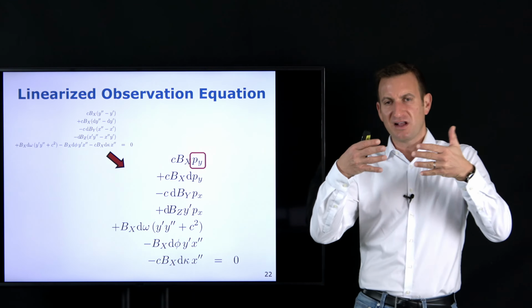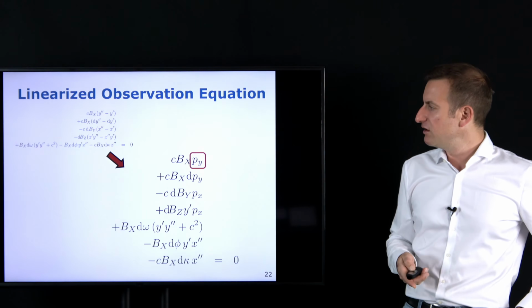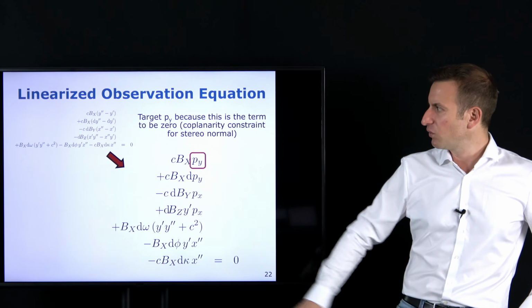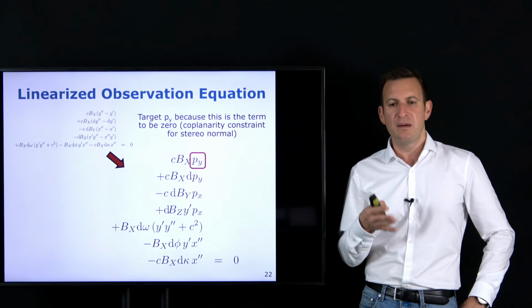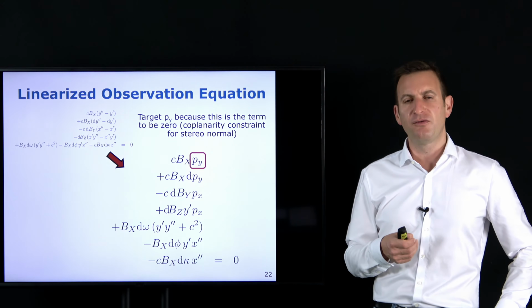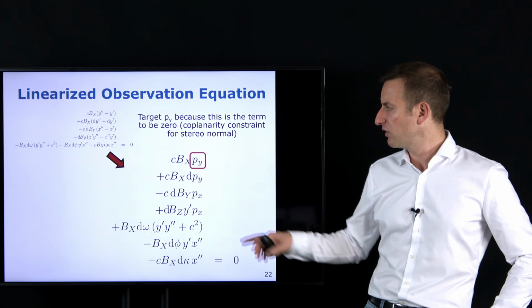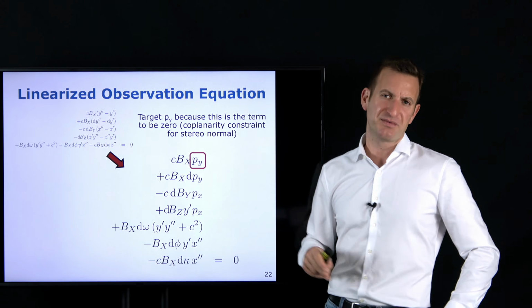Because this basically tells me how far I'm deviating from the stereo normal case. So we target this py because this is a term which needs to be 0 based on the coplanarity constraint for the stereo normal case. So I can treat this as my observations.